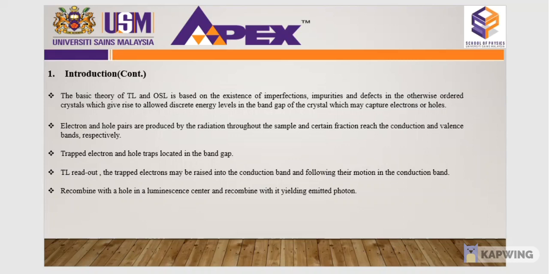Electron and hole pairs are produced by radiation, and a certain fraction reach the conduction and valence bands, respectively. The electron and hole traps are located in the band gap. In TL, the trapped electron may be raised into the conduction band and, following its motion in the conduction band, recombine with a hole in a luminescence center and emit a photon.